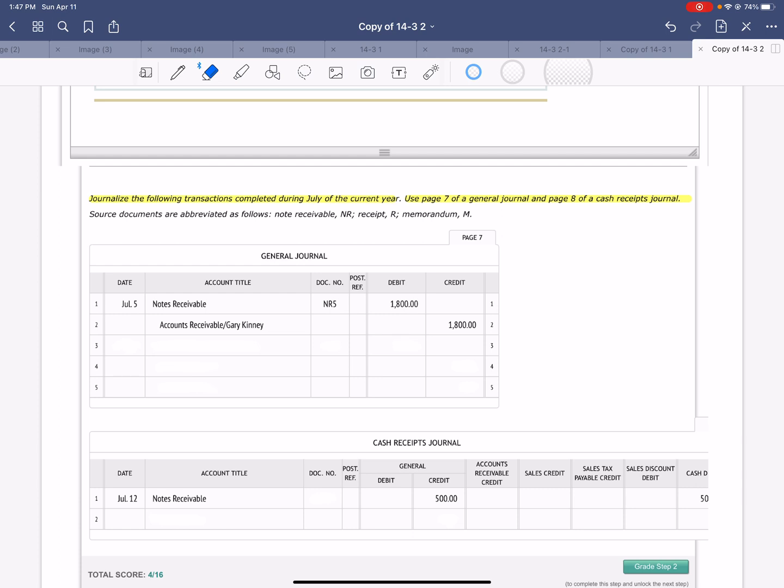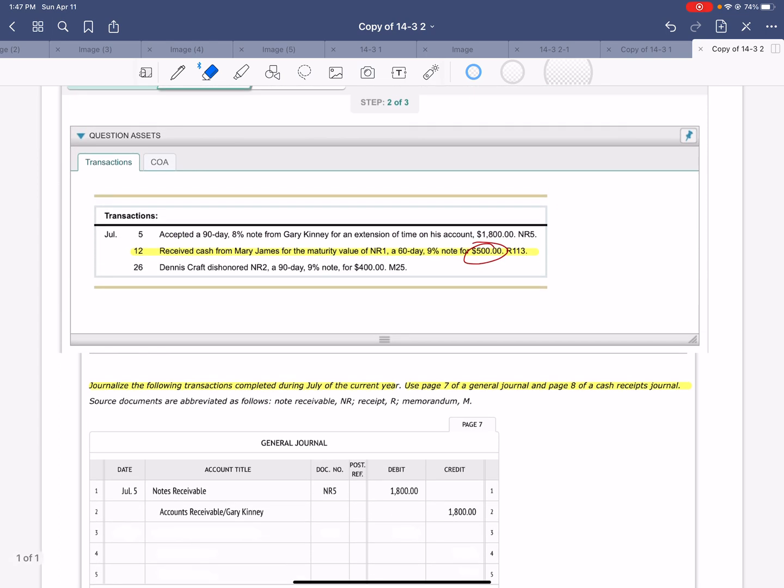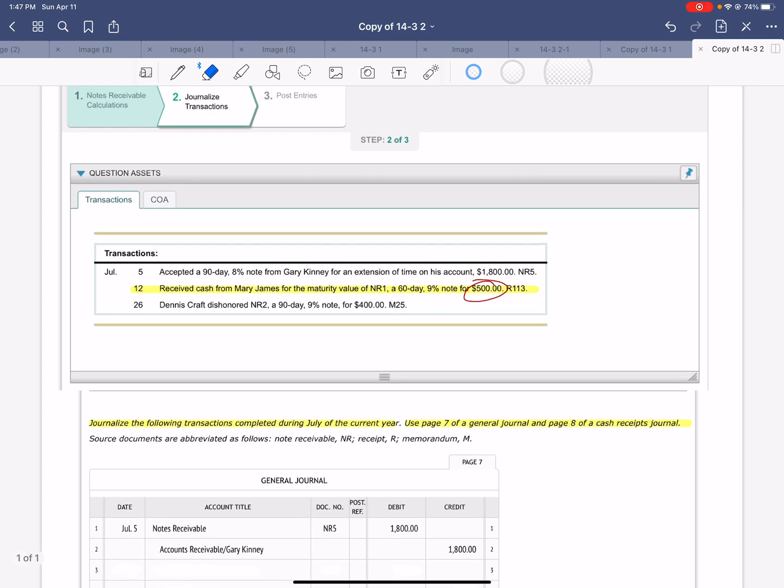The next thing we have to record is the interest income. Remember, that is a revenue account with a normal credit balance. Okay, to figure out how much she paid in interest, we need to go through and figure out the problem for it.